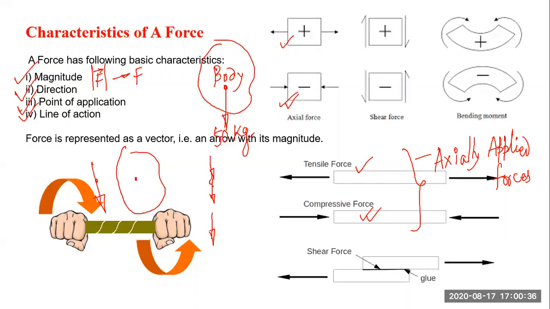The next force is the shear force. What is shear? Shear means the force which is induced. Shear force cannot be applied. It is induced along with a tensile or compressive force or some other forces.